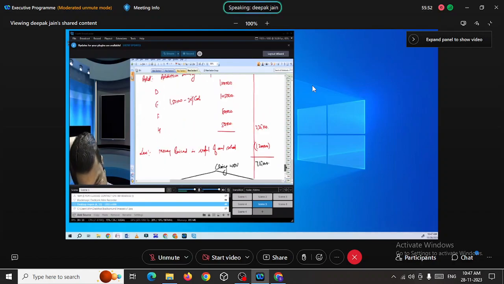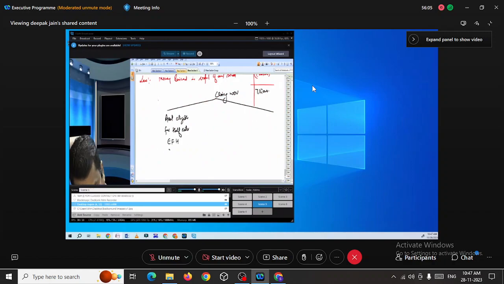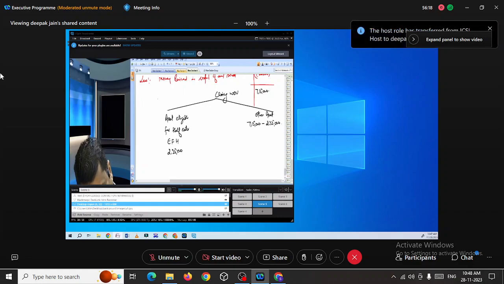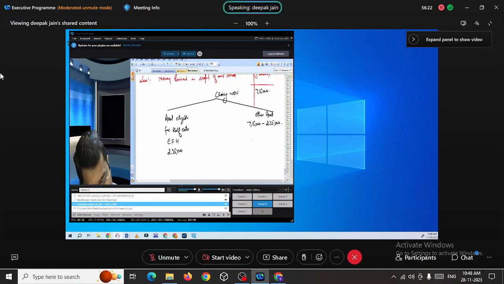And their value is 1,80,80 50, 235, 2,35,000. Yes. Other asset as a balancing figure: 7,15,000 minus 235, 480.